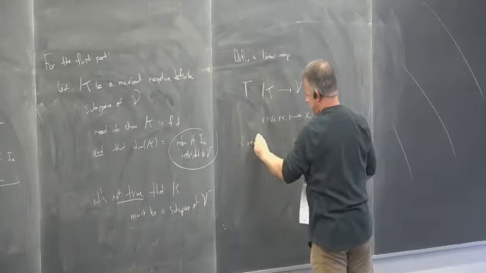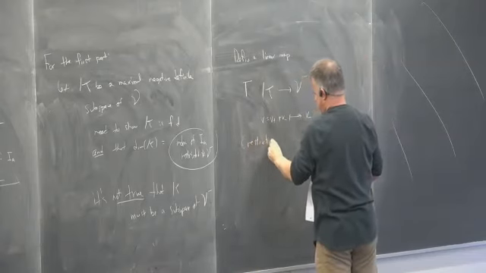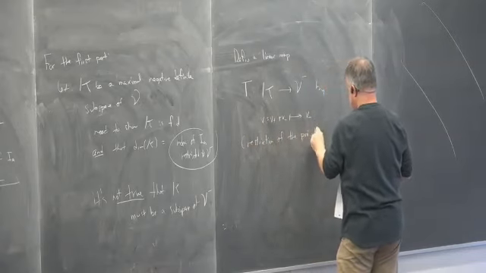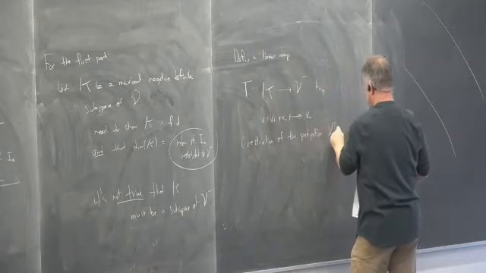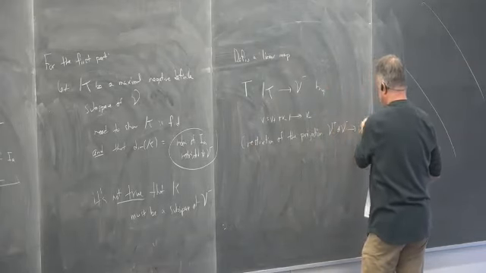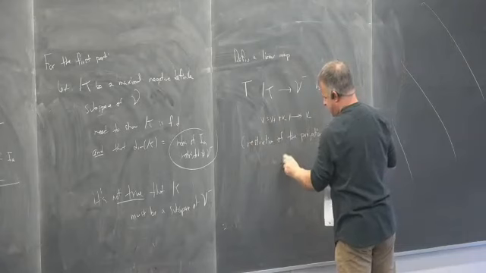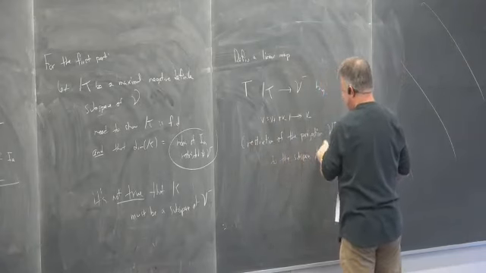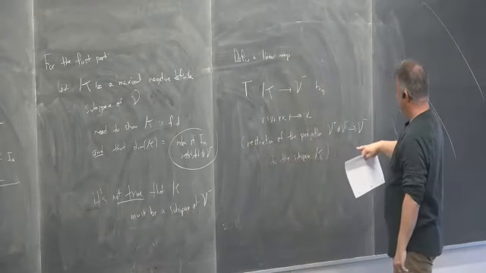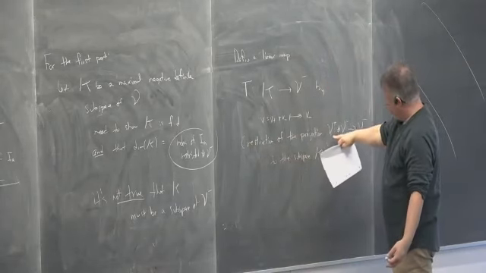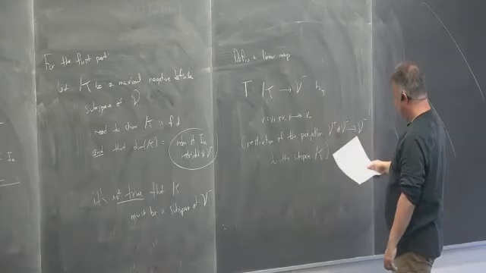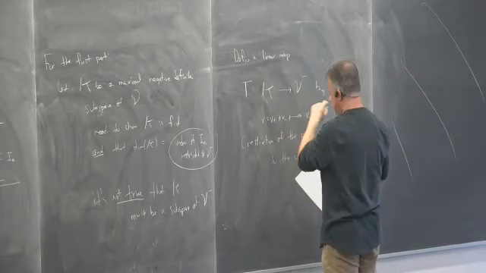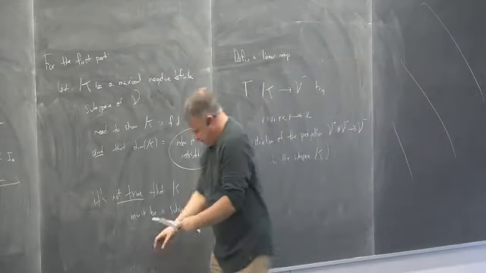So it's just the restriction of the projection V plus V minus to V minus to the subspace K. Okay, so this is certainly linear. Of course, this is not an orthogonal projection. There's no inner product here at all. This is just a direct sum decomposition.